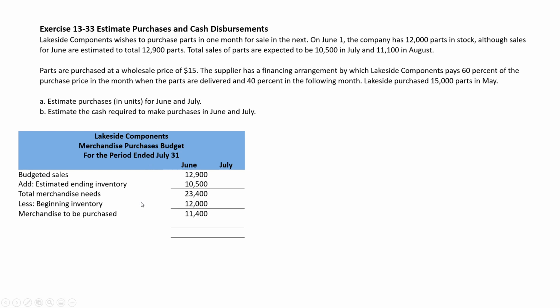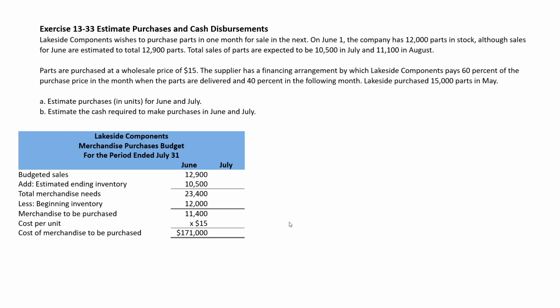Also consider that I don't just want the number of units that I need to purchase, I want to translate this into dollars. So they mentioned that the wholesale price is $15. So take that 11,400 times $15 a piece, and I'm going to buy $171,000 worth of inventory. Now you might have heard me catch myself.